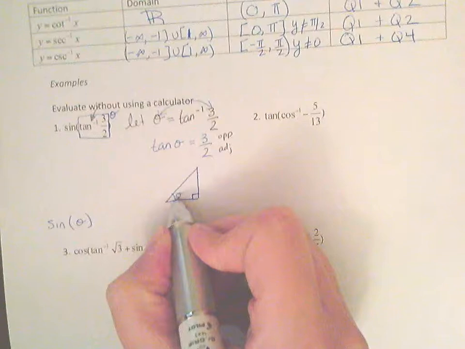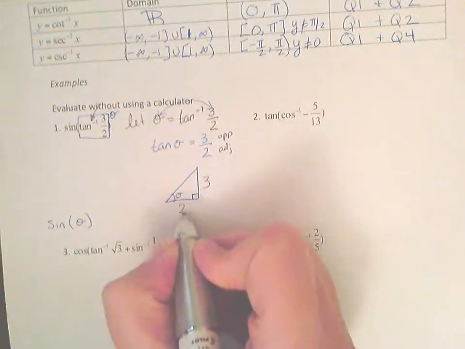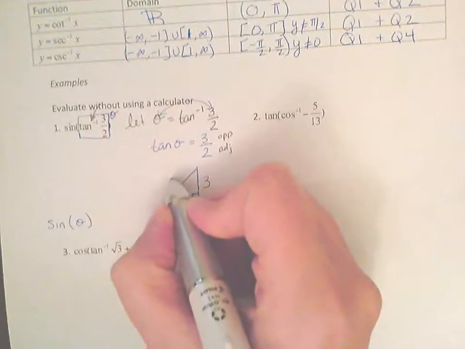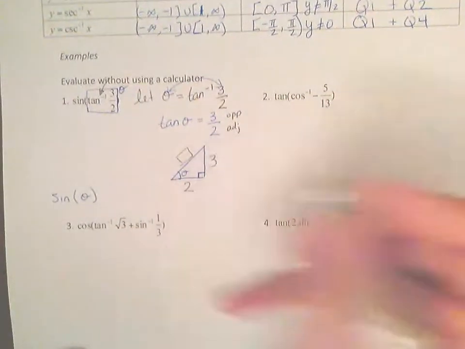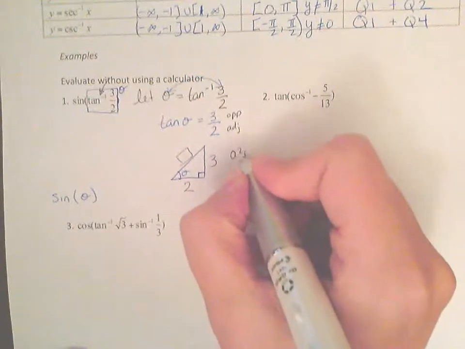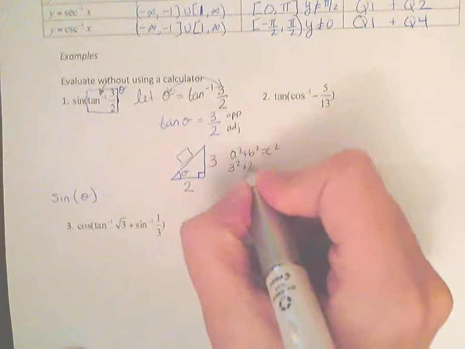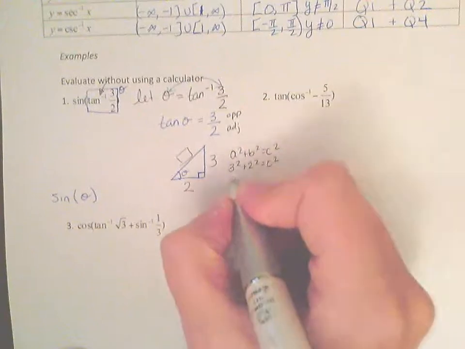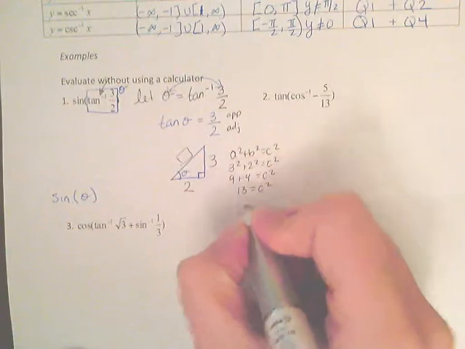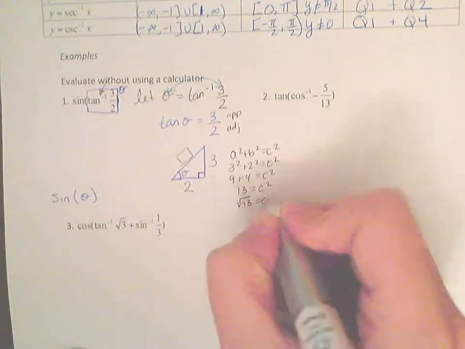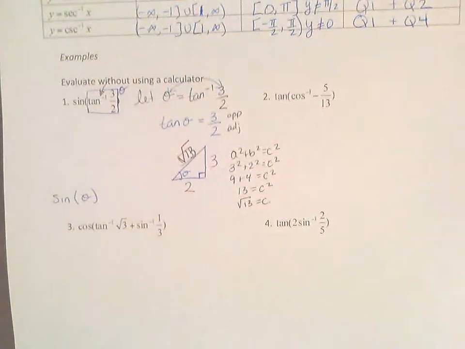So if this is theta, opposite of theta is 3, adjacent to theta is 2, so what is my hypotenuse? And of course, how do you figure this out? Use the Pythagorean theorem. A squared plus b squared equals c squared. So 3 squared plus 2 squared equals c squared. 9 plus 4 is c squared. 13 is c squared. So square root of 13 is c.